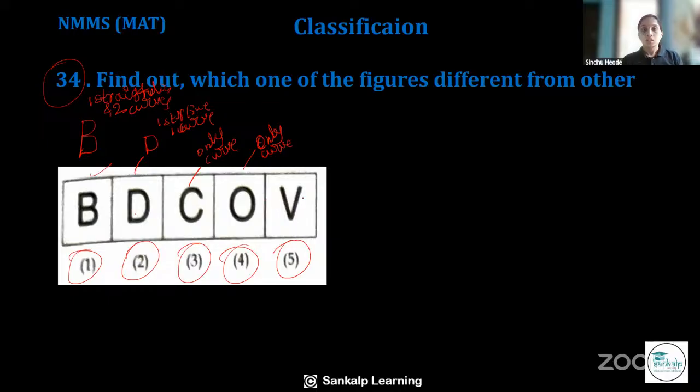Okay. So image 5 contains V. V is the only letter formed entirely by straight lines.